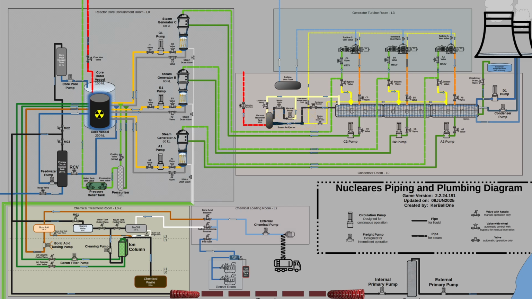These yellow pipes would go into the core itself with the way the arrow is pointing. Then we have the condenser room, level 0.